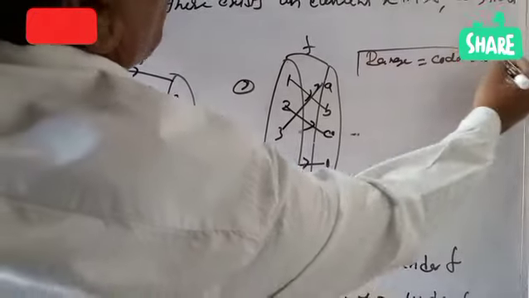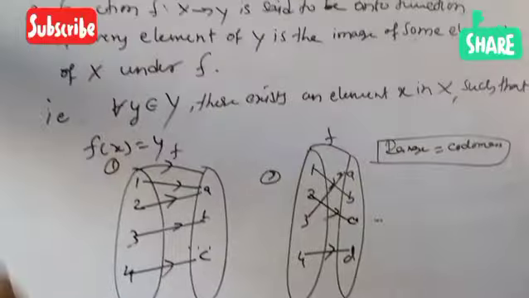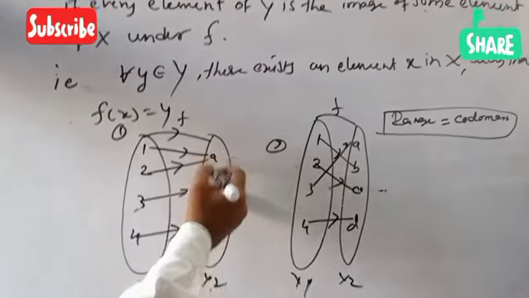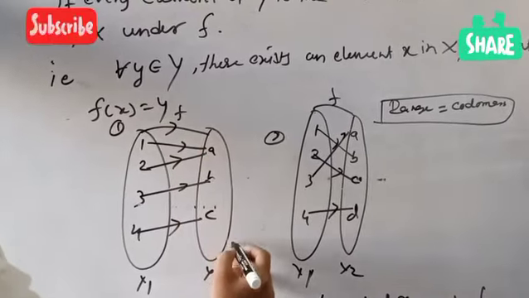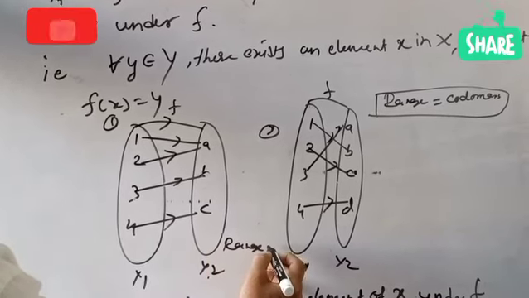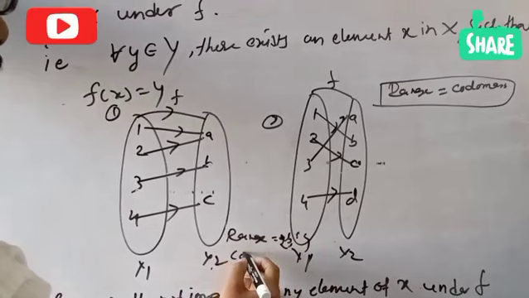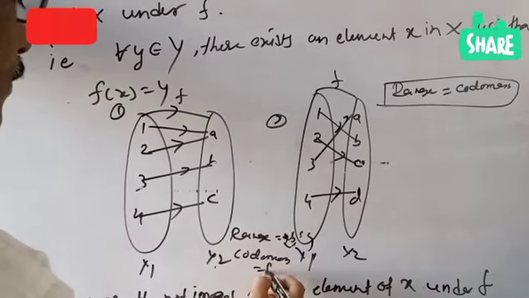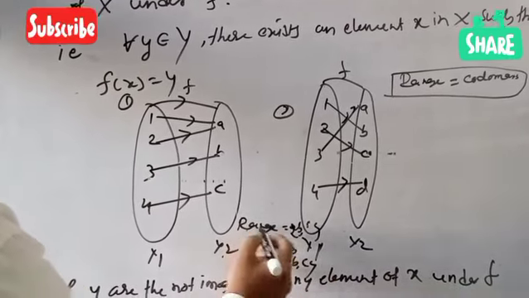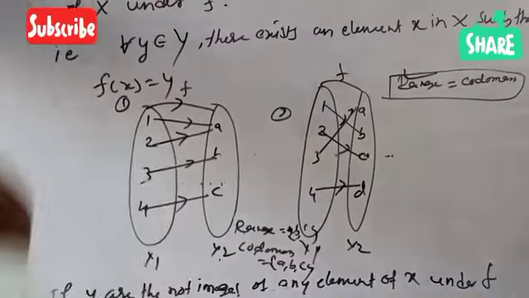If the range is equal to the codomain, then it is called an onto function. So here the range is ABC, and the codomain is also ABC. Therefore, range is equal to codomain. Hence, it is an onto function.